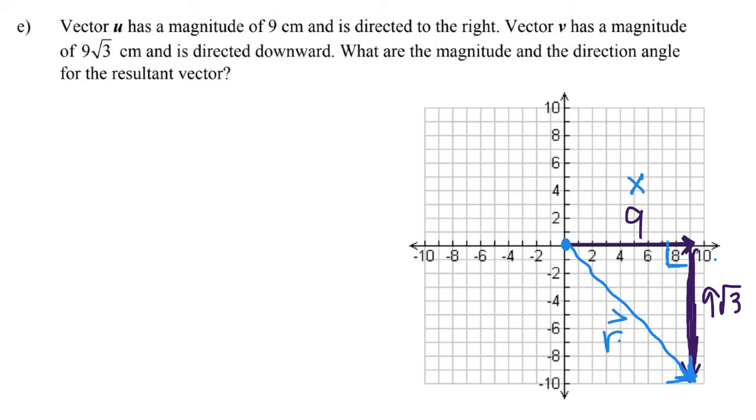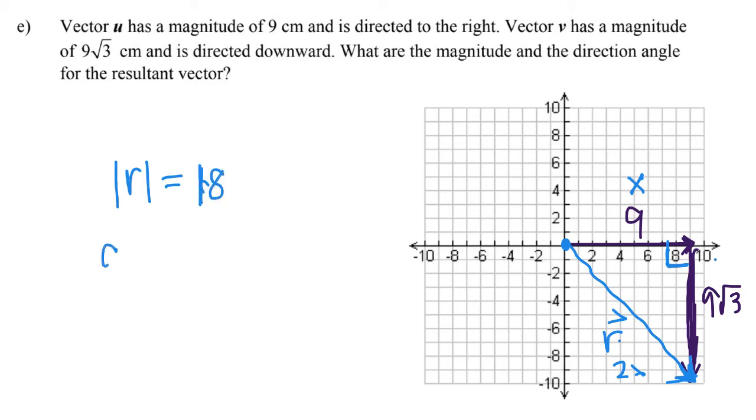Right here's our 90, so my resultant vector is going to be 2 times x, which is 18. The magnitude of that resultant vector is 18.